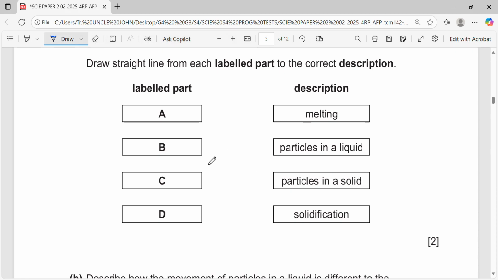So B is melting, C particles, and then this is A, and then this one is solidification.